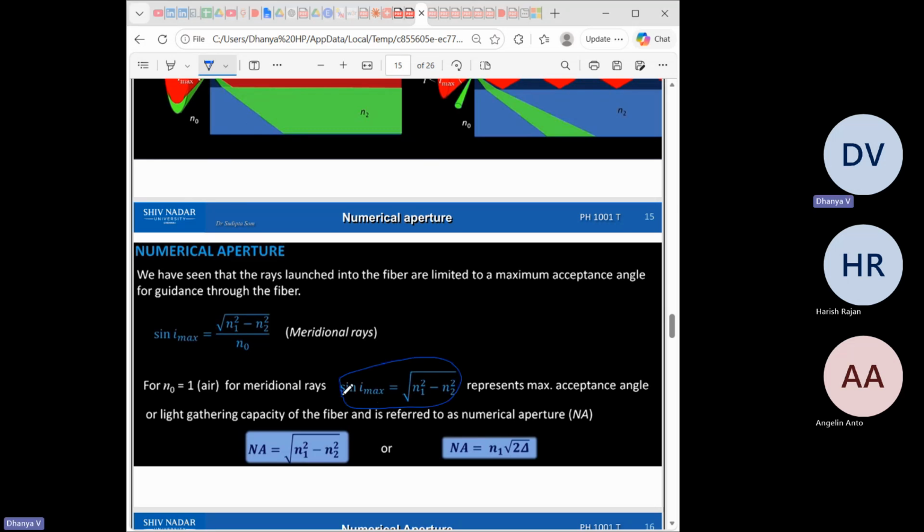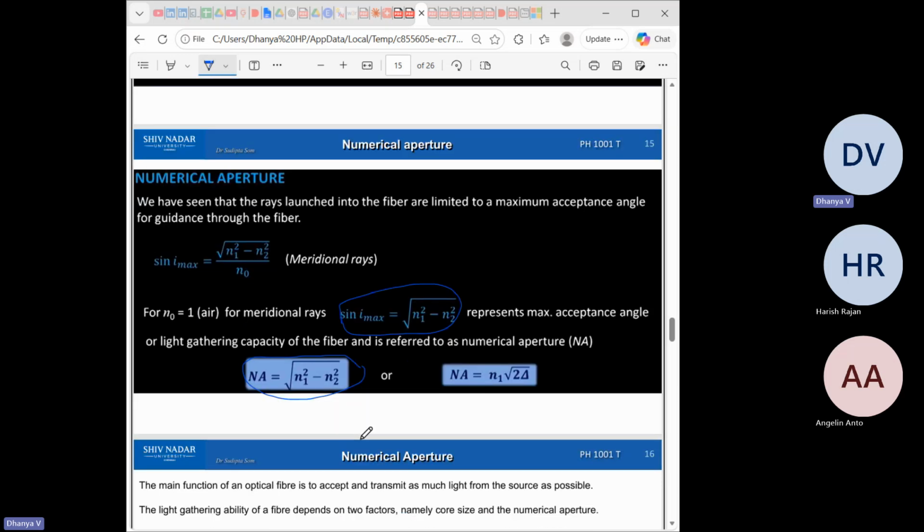So your numerical aperture is essentially this. Sine I max, that is root of N1 square minus N2 square. So that is your numerical aperture as well.